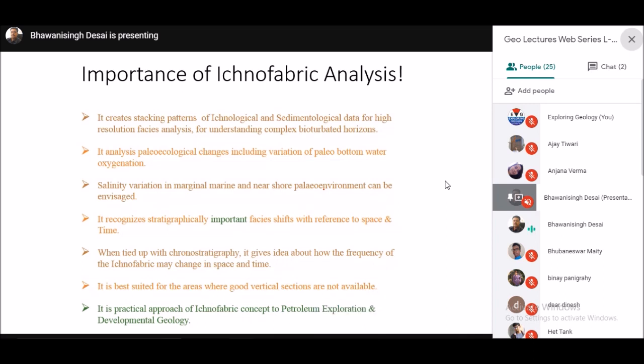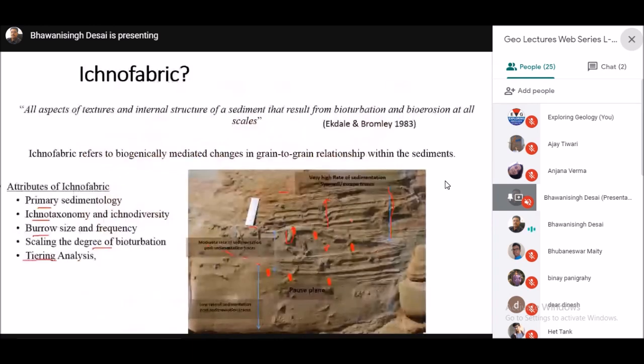When it is tied up with chronostratigraphy, suppose you are able to pick up biostratigraphic material from here and here, you will be very precise in telling at what age the high rate of sedimentation was there and at what age the low rate of sedimentation was there. Therefore, this combined study of ichnofabric and ichnofacies is nowadays extensively used in sequence stratigraphy also.